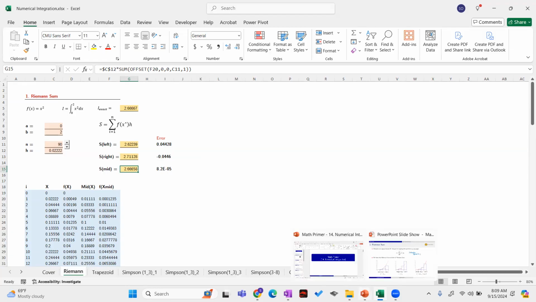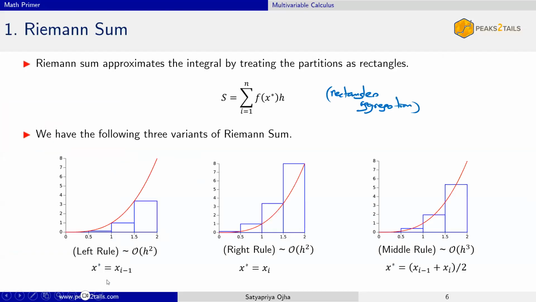Answer is yes, and I have given it here. So the left rule, which takes the height on the left point to be the height of the rectangle. So x star is x i minus 1, basically, that enters into this.